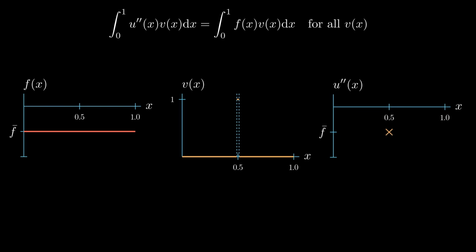By choosing a specifically designed test function, we found that u double prime equals f bar at one point x. Because the weak formulation must hold true for any test function, we can repeat the same argument to find that u double prime equals f bar at another point x. Let's see what happens if we repeat this argument a couple of times.